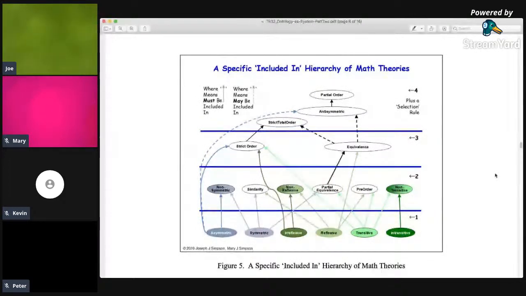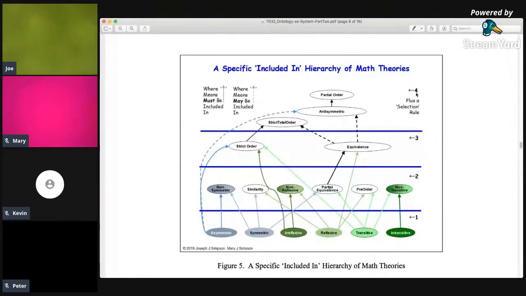And so the part here is the include-in hierarchy of math theories. We just did this to show that if you have your base logical attributes, asymmetric, symmetric, irreflexive, reflexive, transitive, and intransitive, then how you combine these individual ones. You can combine them 2 at a time, or you can put them up into 3. When we get 3 at a time, you get strict order and equivalence.